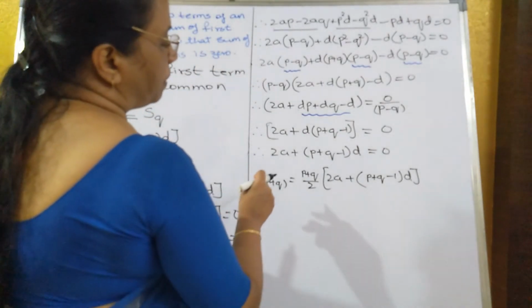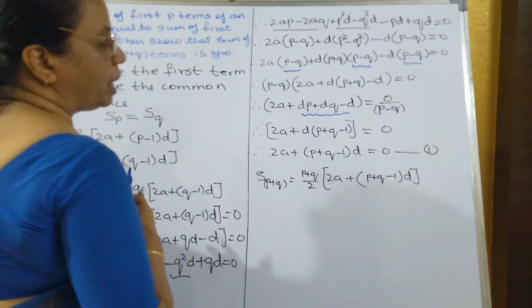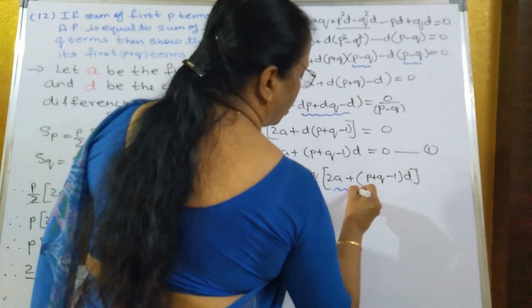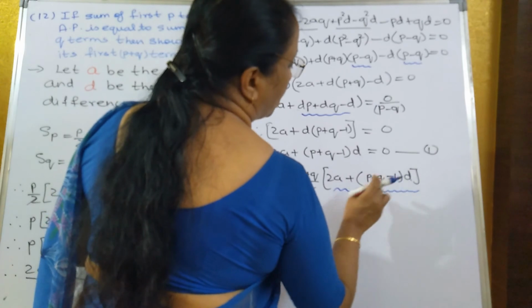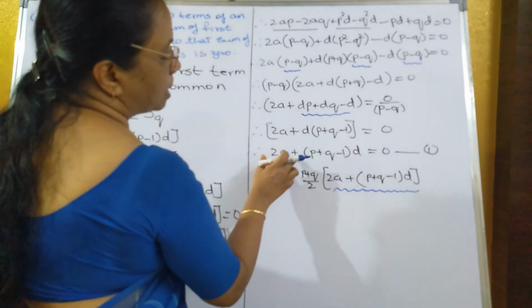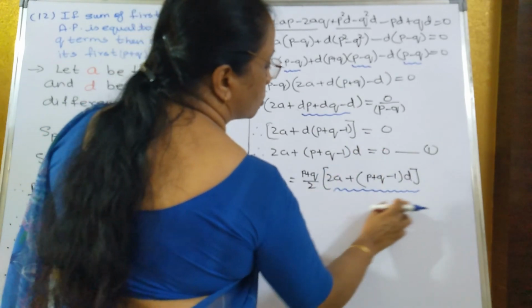Now what we have got, let this be 1. Now what we have got, 2a plus (p + q − 1) into d. 2a plus (p + q − 1) into d is what? Equal to 0. So this whole thing is 0.